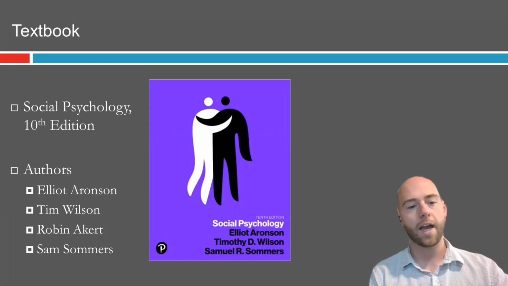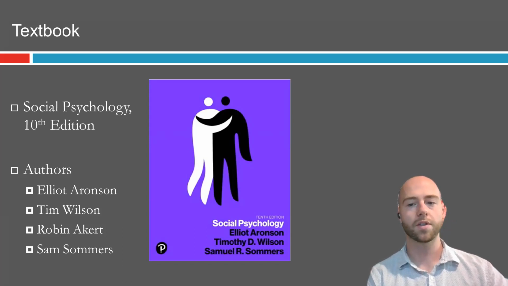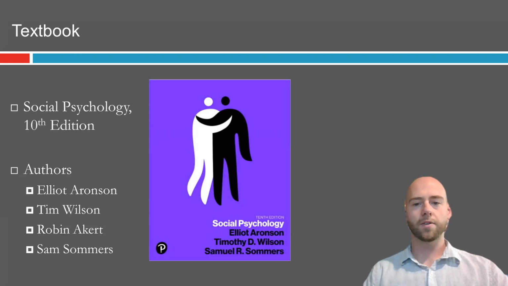Then for the 9th edition, they added an author, Sam Sommers. And for this 10th edition that they've updated, Robin Akers is no longer listed as an author, but she is somebody who shaped this book very much. A lot of the words that she wrote in those initial editions are still there. So I think it's important to give her her due as well.